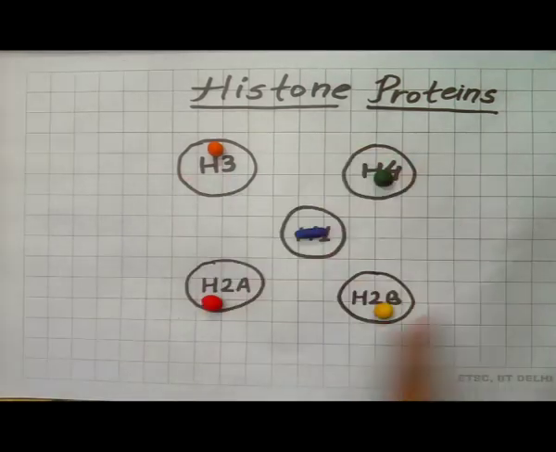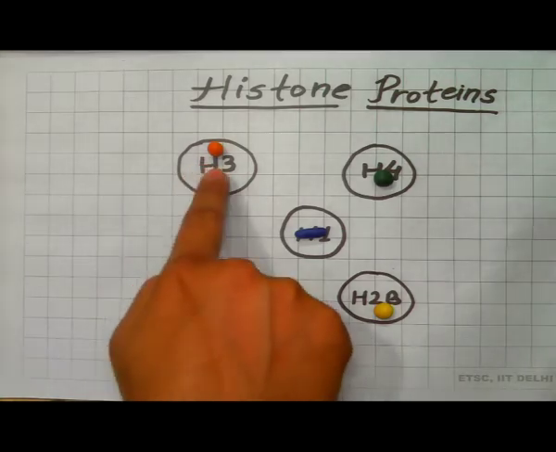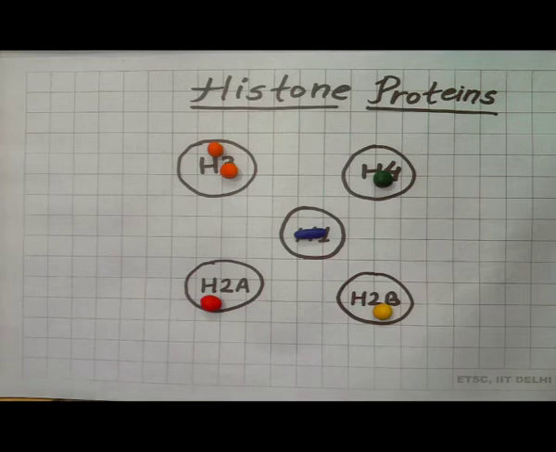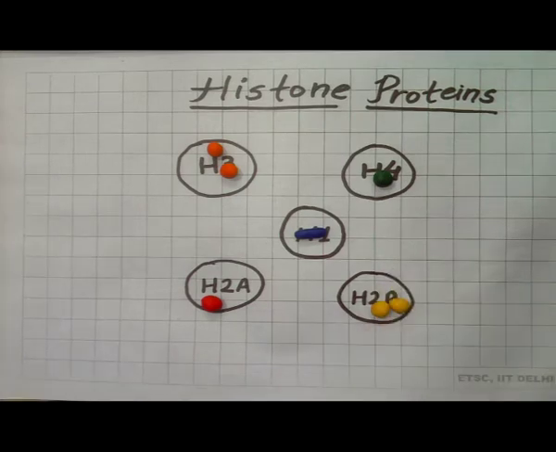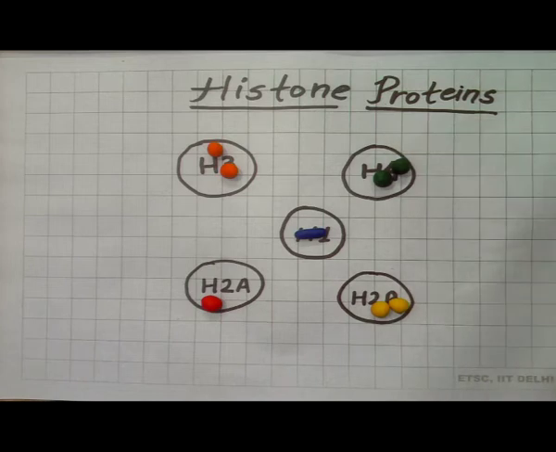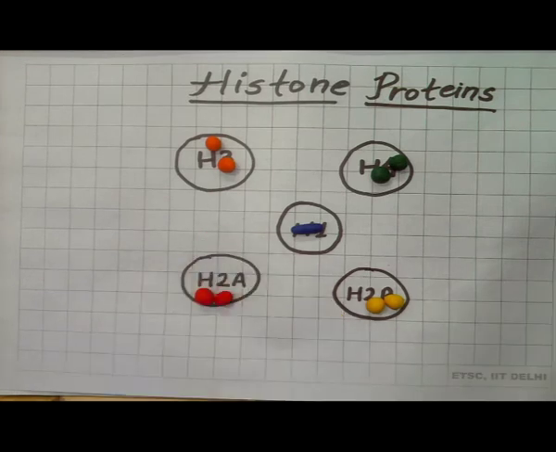These are the 5 types of histone proteins which help in the packaging of DNA. Two molecules each of H2A, H2B, H3 and H4 combine together to form the histone octamer. Let us see how these histone proteins combine to form the histone octamer.